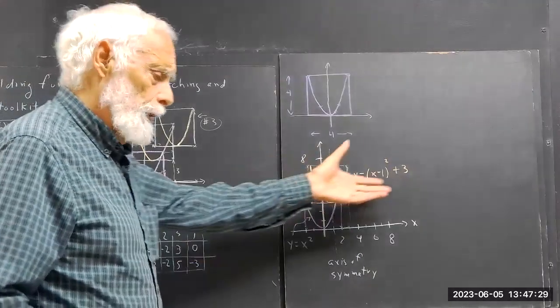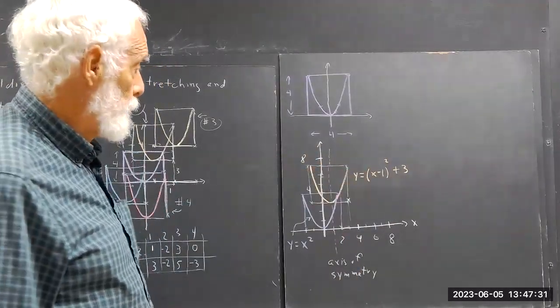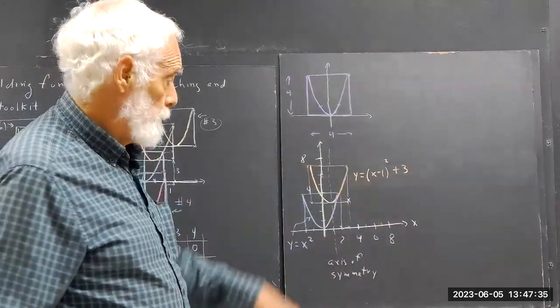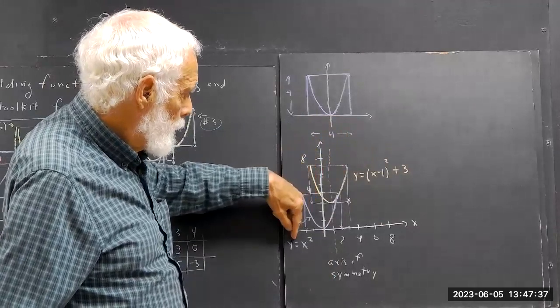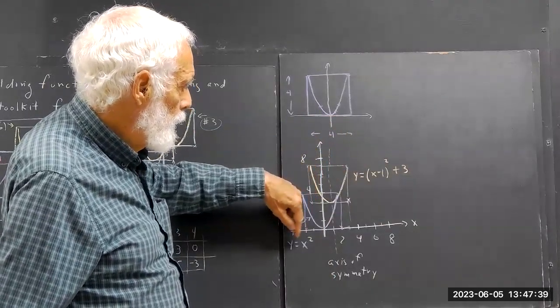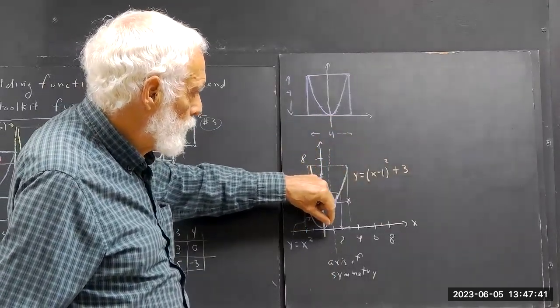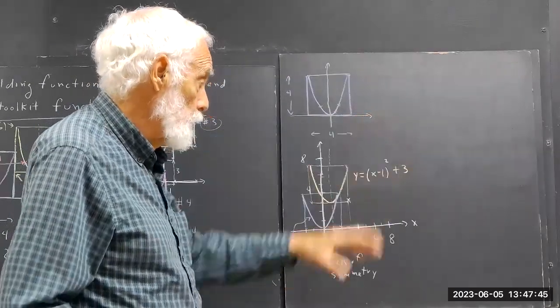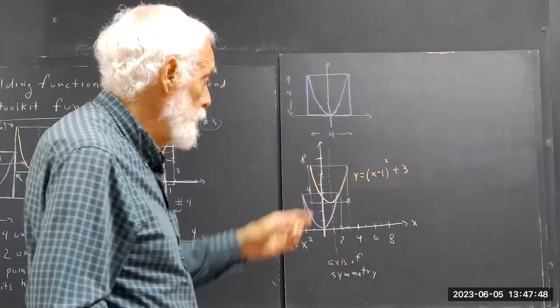I'll explain in more detail why it should be this way, but I just want to assert that this is what we got. If this is the y equals x squared graph, and we move it over 1 unit and up 3 units, we get y equals the quantity x minus 1, all squared, plus 3.